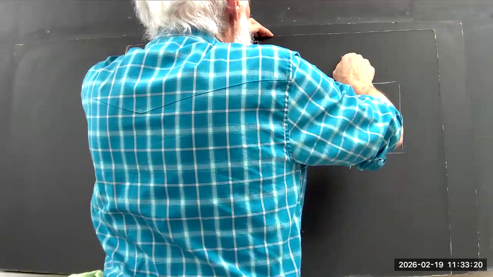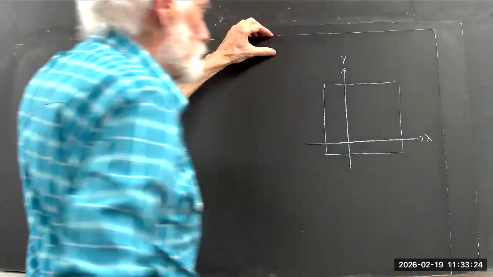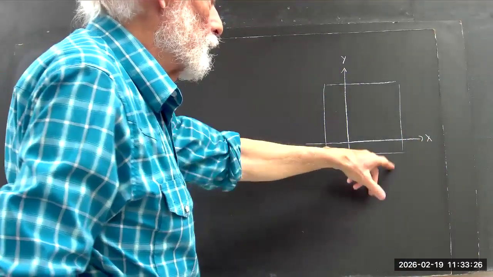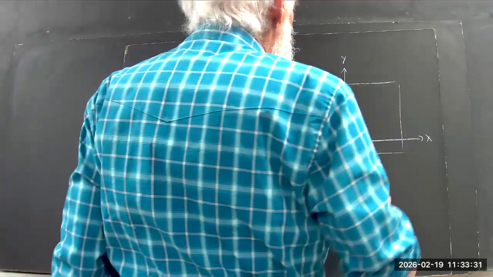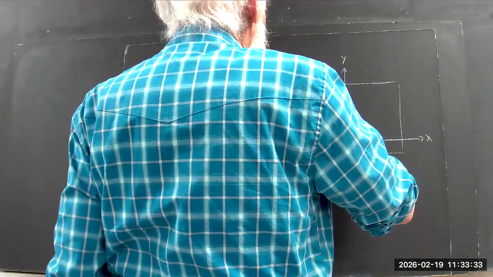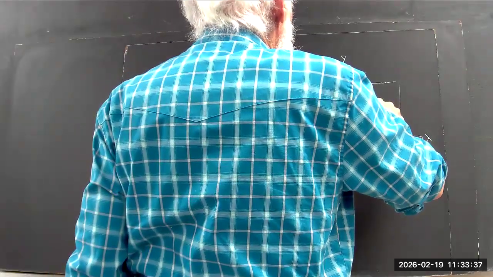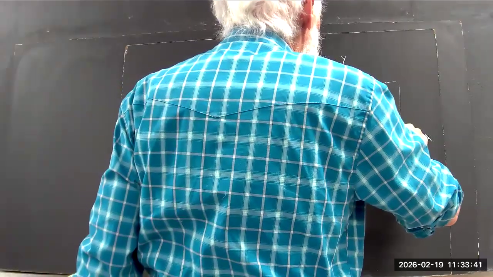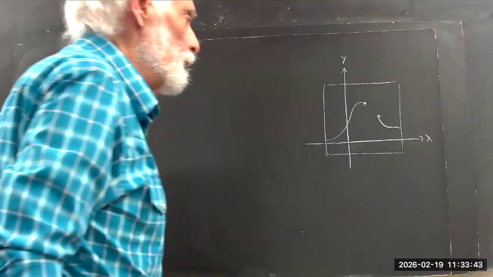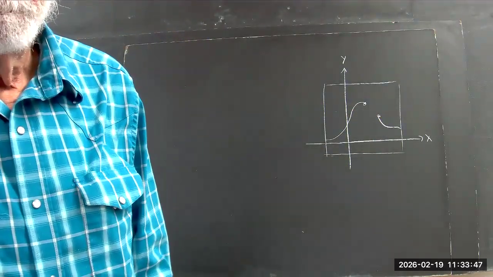Let's just say that we got a window and the Y axis goes here and the X axis goes here. And we got a function that looks like this. Graph of a function. And there's a break in the graph. Okay?